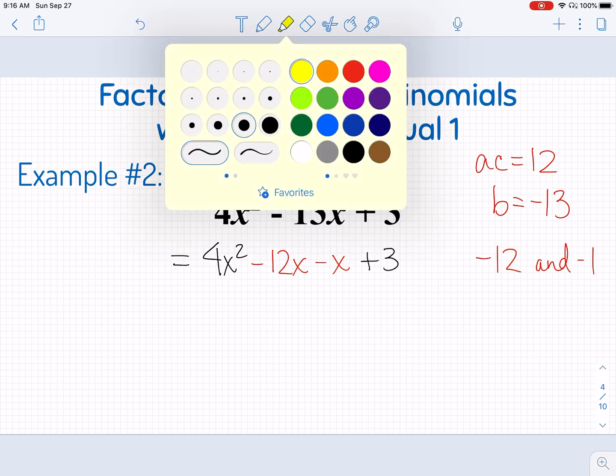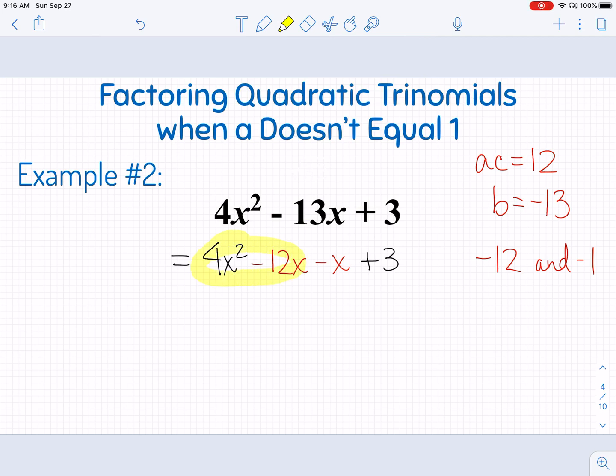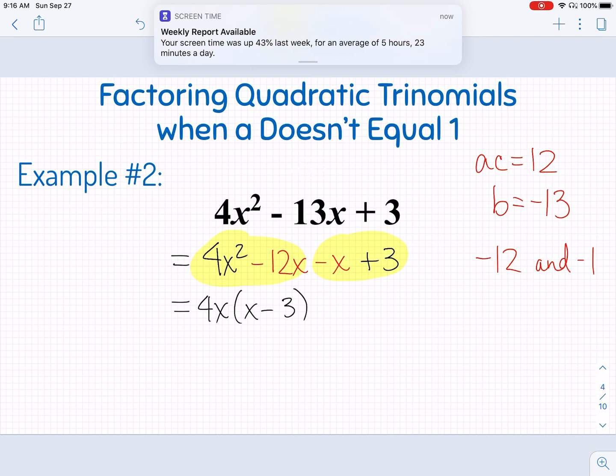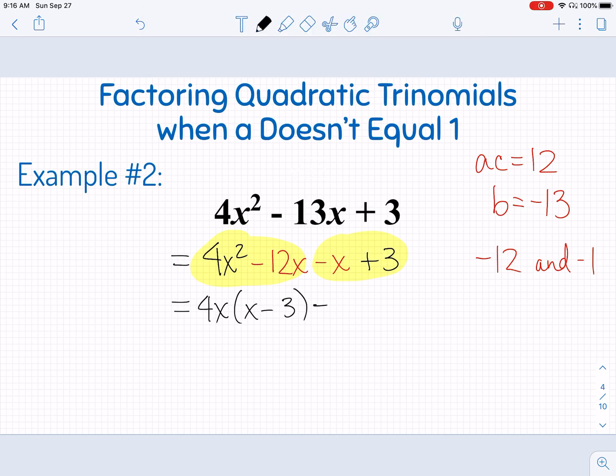And then I'm going to look at my first two terms and say, what is my GCF? And then I'm going to look at my second two terms and say, what is the GCF? Now, between each of these two terms, what is the GCF? What is shared by each of these terms?